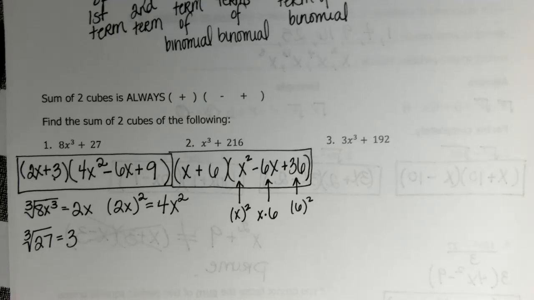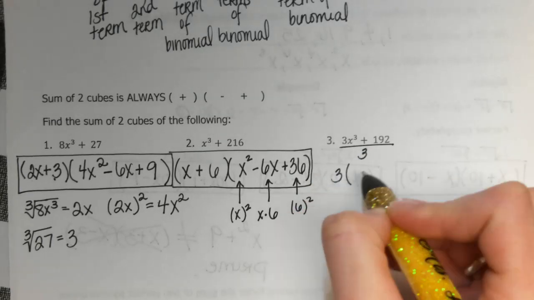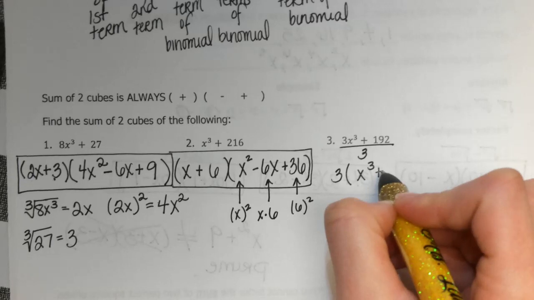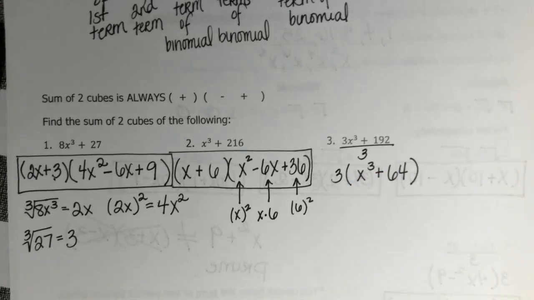So I need to take out a GCF. Divide by 3. And that leaves me with x cubed plus what? 64. Now, that's the sum of two cubes that you can factor when you get back from lunch. Okay?